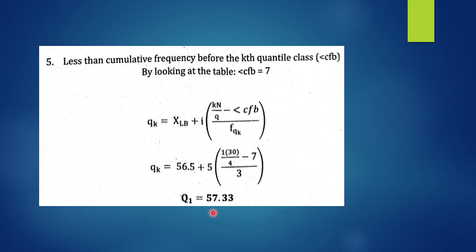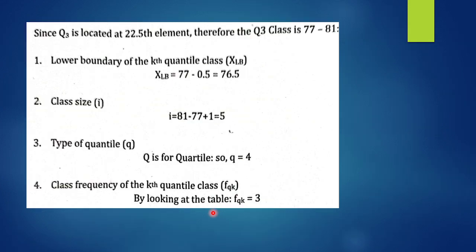Let's proceed to our third quartile. Since Q3 is located at the 22.5th element, we get this using the same procedure as in Q1. It's QK equal to K multiplied to N all over 4, and our answer would be the 22.5th element.